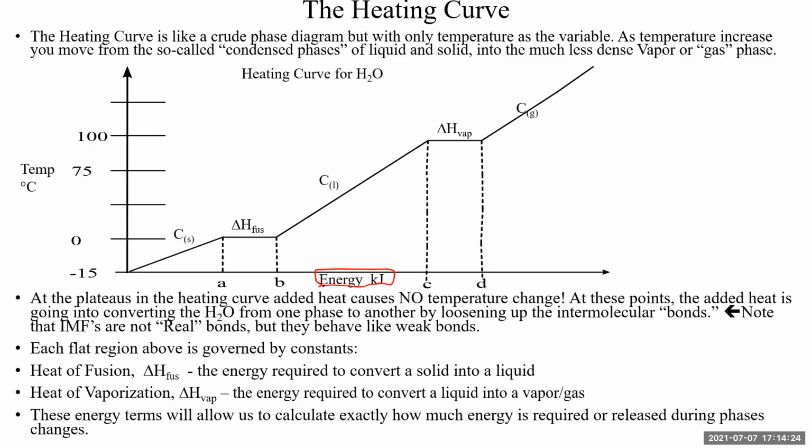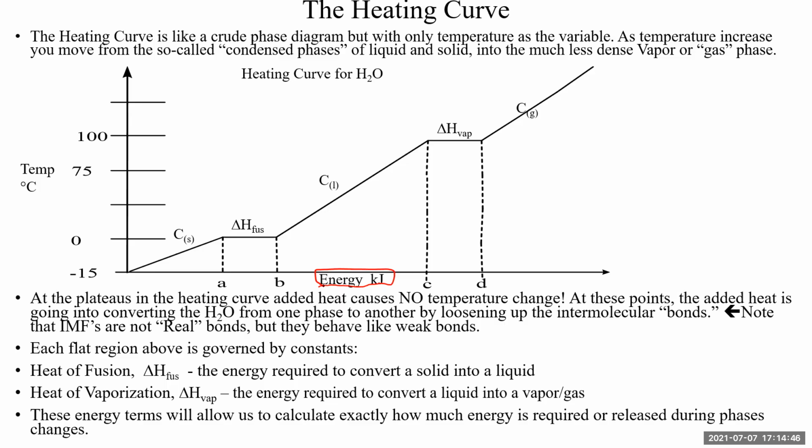On the vertical axis, you have temperature, of course, given in degrees Celsius, sometimes in Kelvin. So as you move from left to right across the curve, you're moving from lower temperatures to higher temperatures generally, except for a couple of different plateaus or flat regions along the curve.